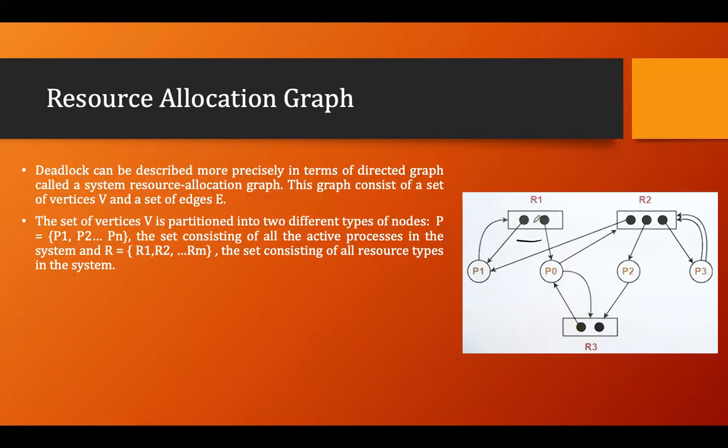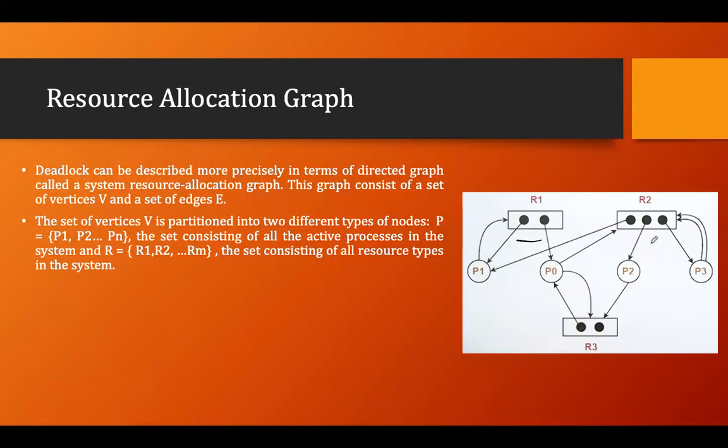As you can see here, one instance of R1 is given to P1, but P1 is requiring another instance. One instance of R2 is given to P1. Now for P0, one instance of R1 is given, and it is requesting one instance of R2 as well as one instance of R3, and one instance of R3 is already given.